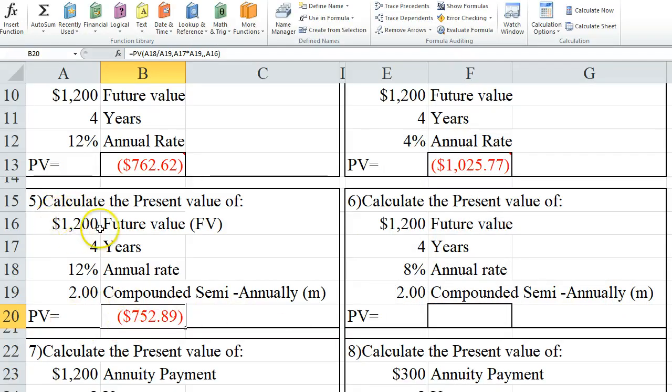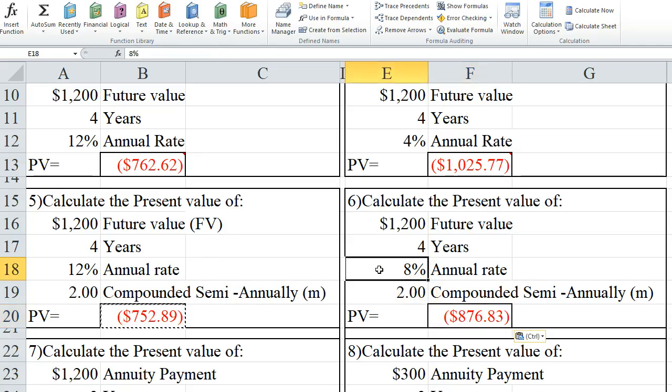So if I'm going to receive $1,200 in 4 years at a 12% annual rate, compounded semi-annually, the present value of that is only $752 today. So let me copy and paste this formula over here, because these problems are identical, except the annual rate here is less. So we go from 12 to 8%, and we see that the discounting is lower.